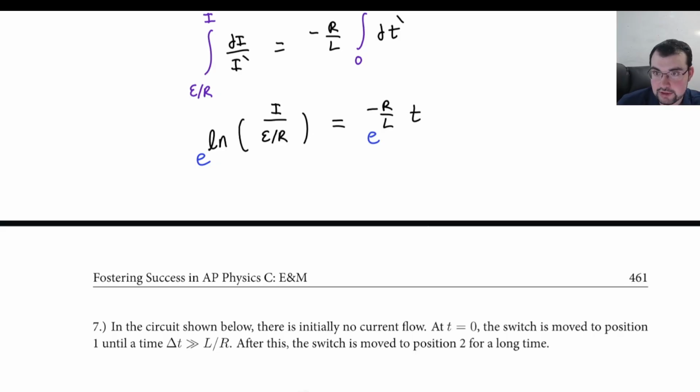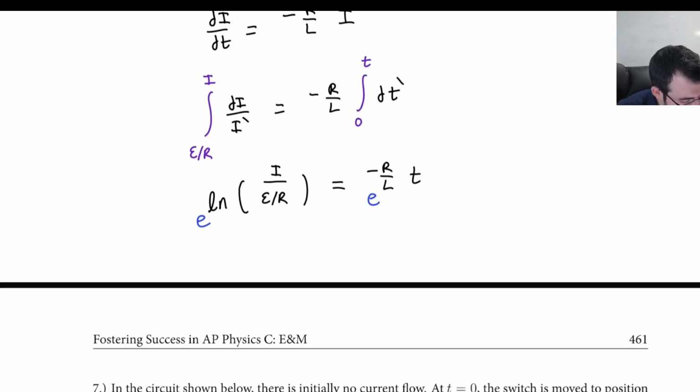So if you put them right next to each other, they cancel. So this gives us I divided by the quantity epsilon over R is equal to e to the negative R over L times t. So I would be epsilon over R times e to the negative R over L times t.